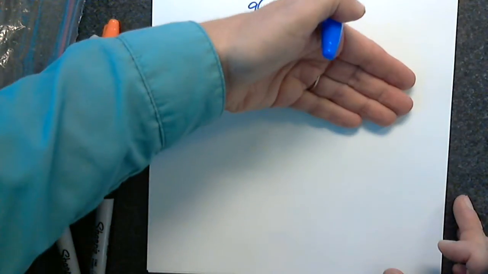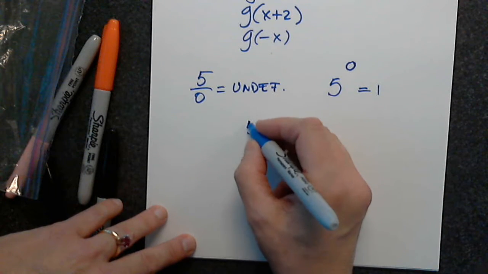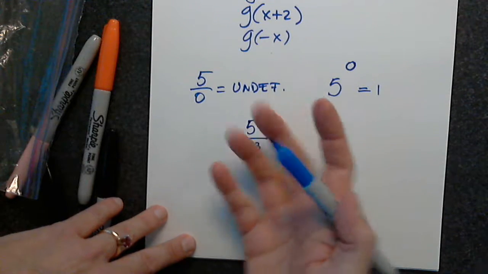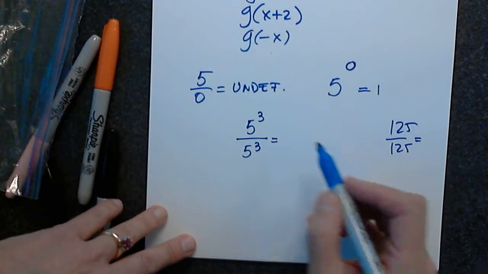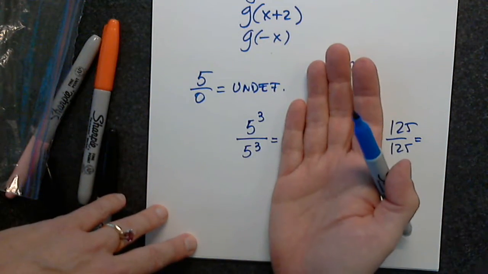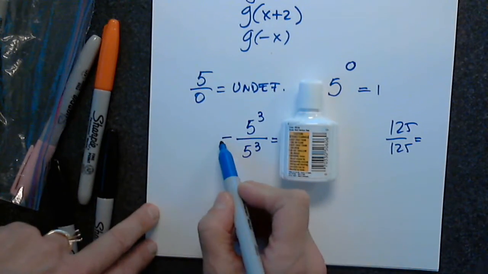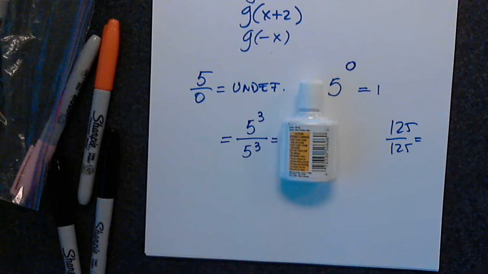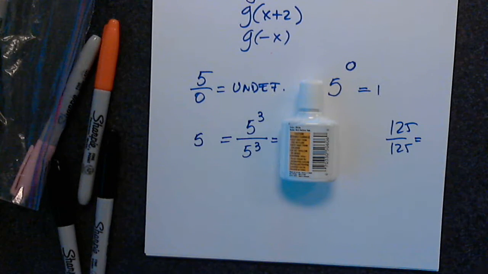Okay. Forget about it for a moment. Do you agree that 5 to the third divided by 5 to the third is basically 125 over 125, and this must be 1? Would you agree with that? Okay, forget about this. I'm just going to cover it. And I want to go this way. When we divide exponential notations with the same base, we copy the base, and what do we do with the exponents?